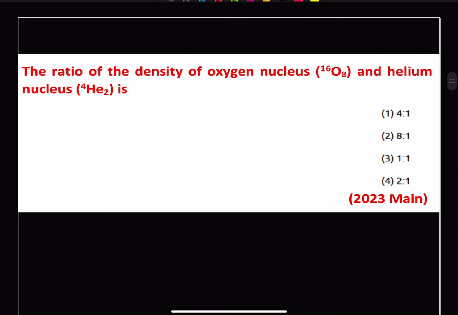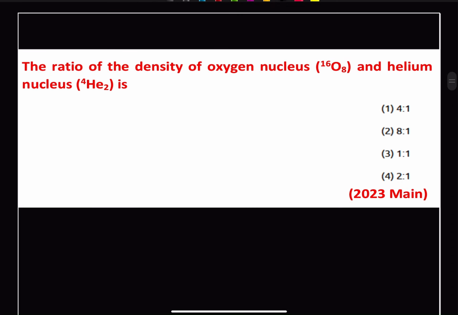Next question. It states that the ratio of density of oxygen nucleus and the helium nucleus is. So we have to find out the density. The basic formula for density we already know.